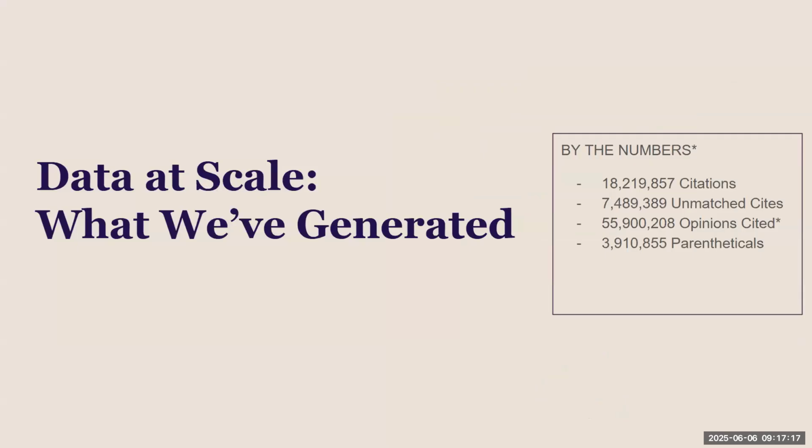They could be parallel citations to match citations that we need to actually ingest and move in. We've also made 55 million links between opinions. So we found a citation, we can put it over there, and we can actually talk about the depth of a citation link, how many times it's cited from one sub-opinion. When I say sub-opinion, I talk about a dissent, essentially.